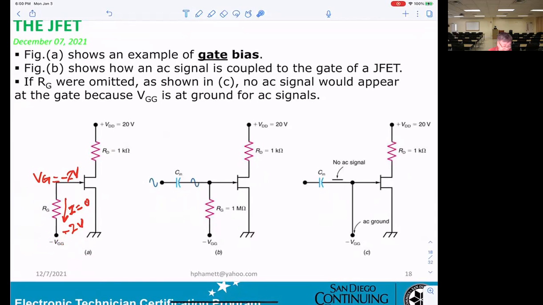And when you get a negative voltage here, and you get a resistance RG, it will be a high impedance. Okay, so the voltage at the gate and the voltage VGG will be the same. No current will flow through the RG, high impedance.